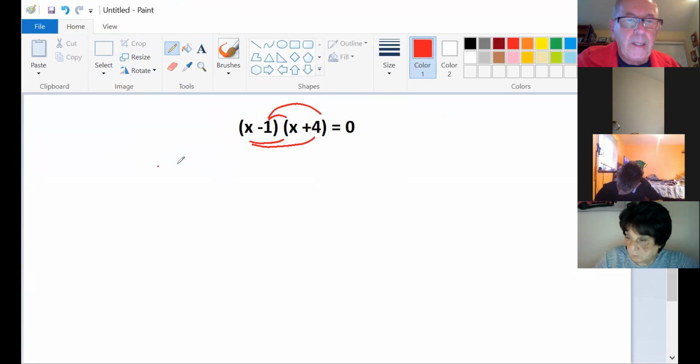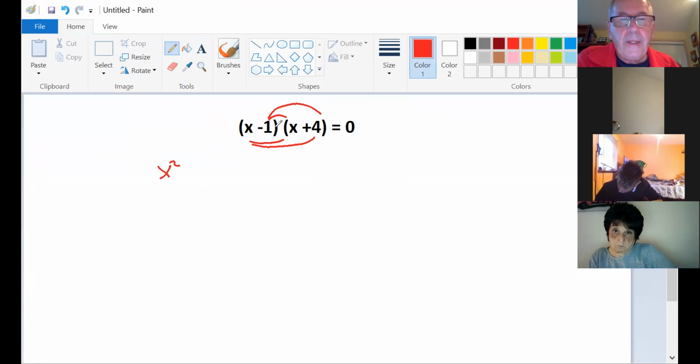So when I do it, I get x squared, and I do x times 4, so it's plus 4x. Then I do this times this, so it's minus x. Then I do minus 4 times 1, so it's minus 4, right?